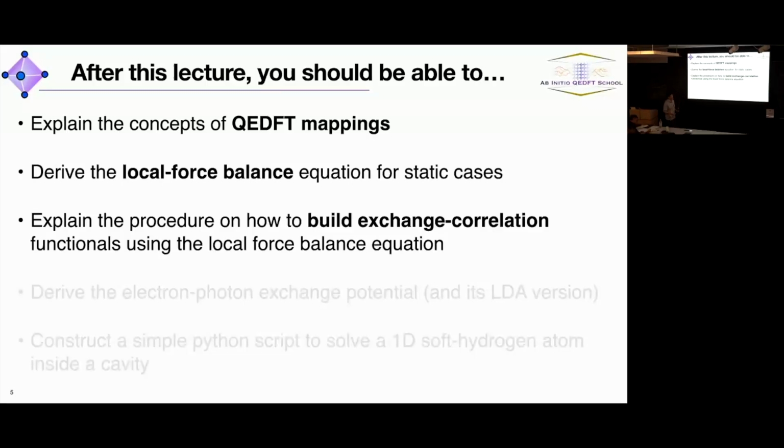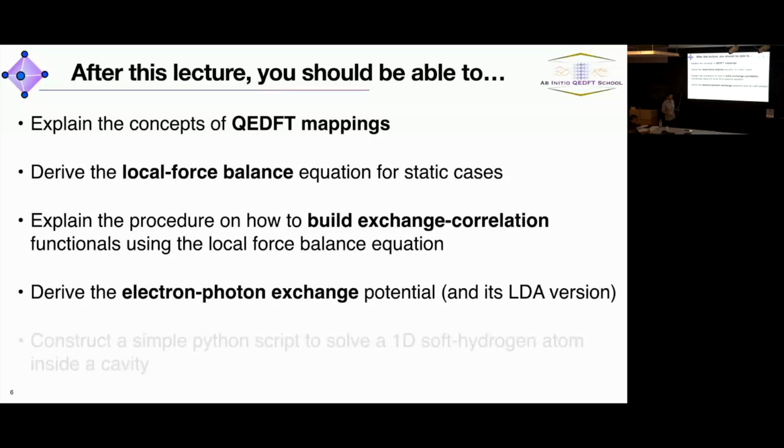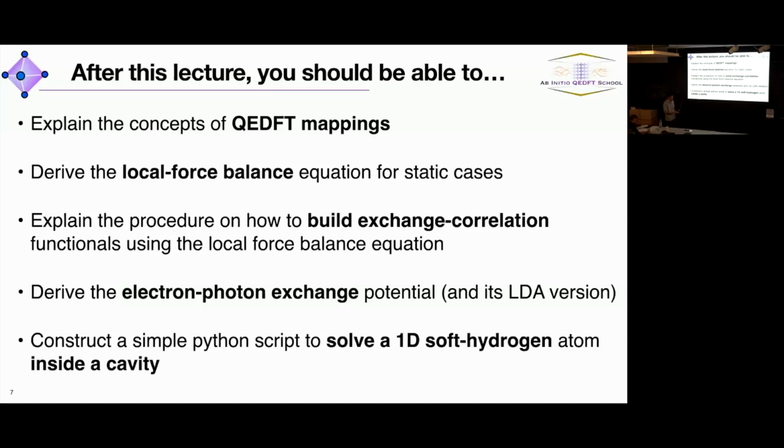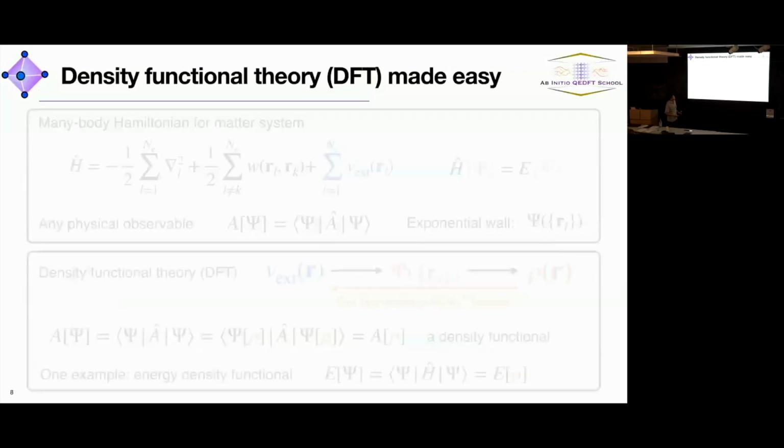Then we are going to derive the electron-photon exchange potential, and run the whole notebook, using a 1D soft hydrogen to construct the electron-photon exchange functional. Okay, so let me give you a very quick review.